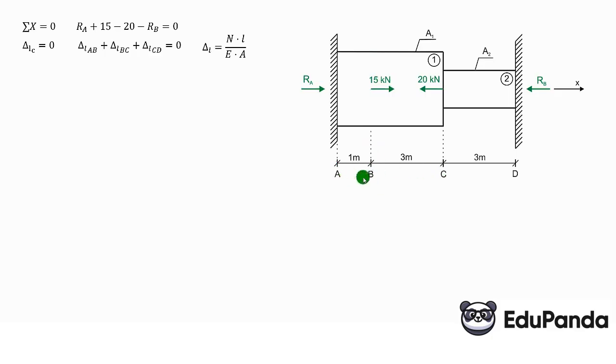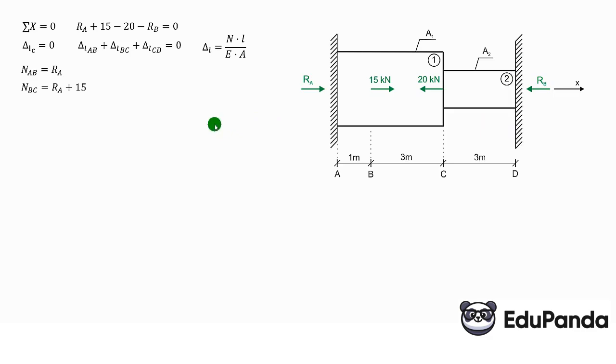We do not see it in the interval AB yet, as if we are infinitely close to it. So from the left side, we only see the reaction Ra. It is positive because it is in line with the direction of the x-axis. In the interval BC, we see both this force Ra and the 15, and they sum up, both are positive. And in the interval CD, we see all 3 forces, except for the reaction Rb.